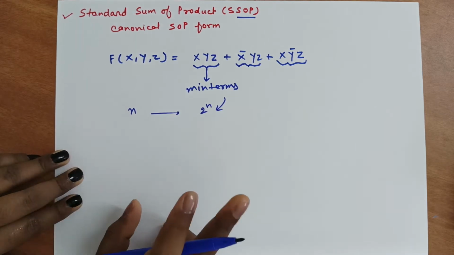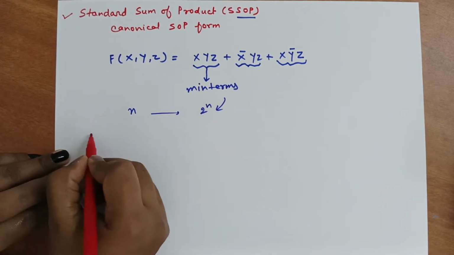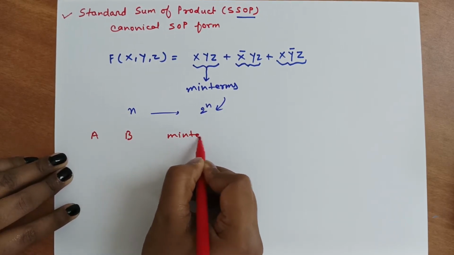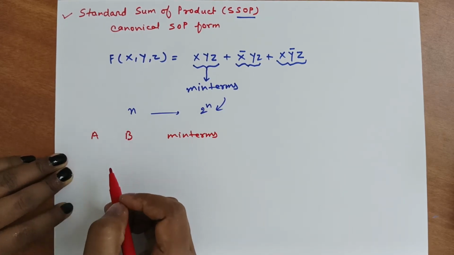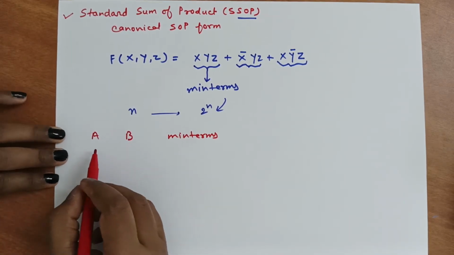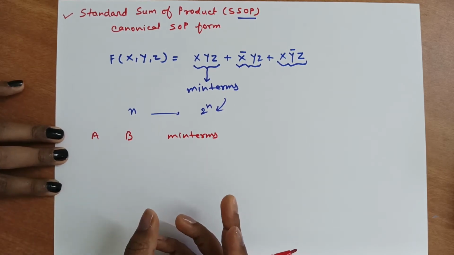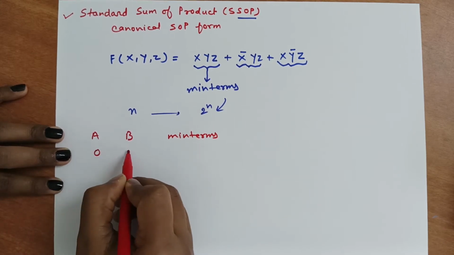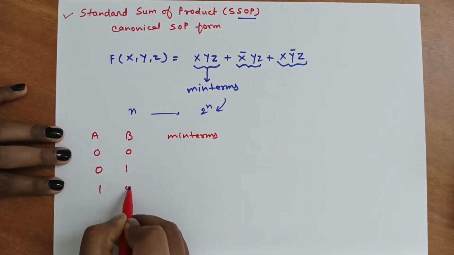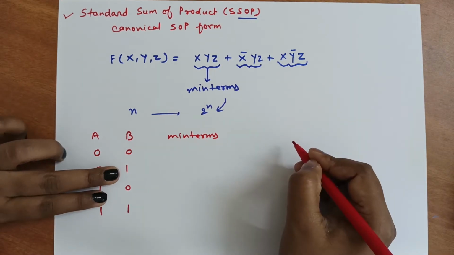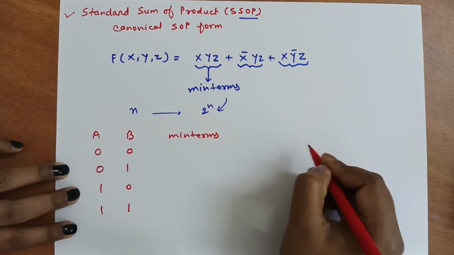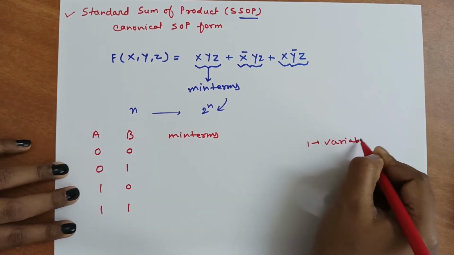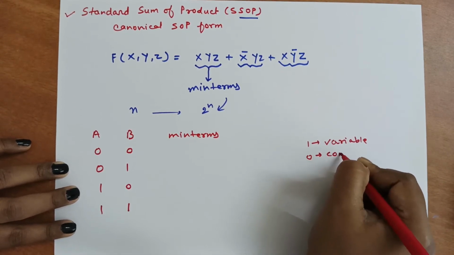Suppose we have two variables a and b. We will write the possible minterms for a and b variables. We know a and b will take 0 and 1 values. So the combinations will be 0 0, 0 1, 1 0 and 1 1. We write 1 as the variable and 0 as the complement of the variable.